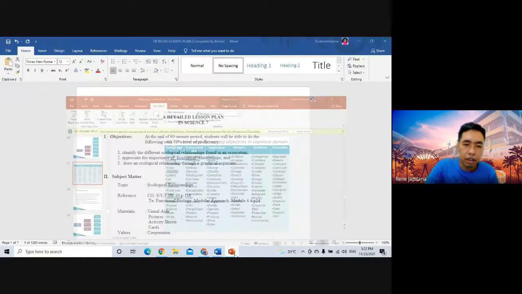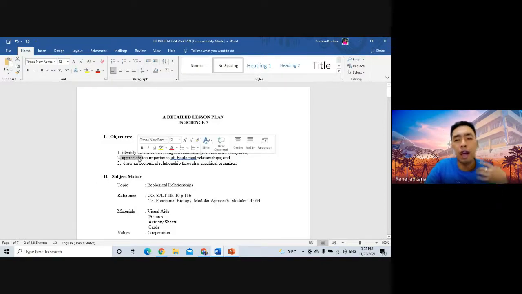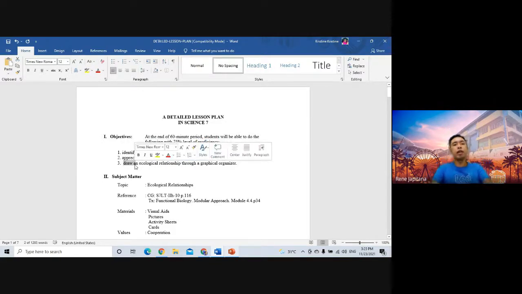In this case, identify the different ecological relationships found in the ecosystem, it is cognitive. The second one, because it's appreciate, it involves affective: appreciate the importance of ecological relationship. And the third one is draw, so meaning to say, it's a psychomotor.